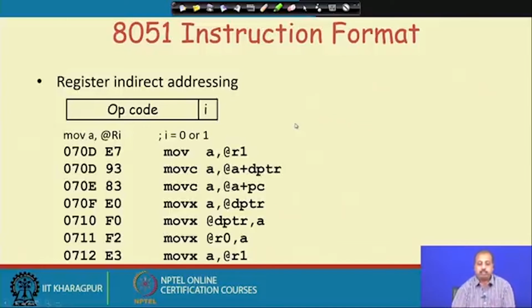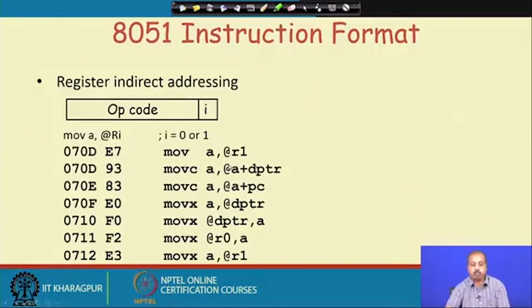On the other hand, if we are talking about register indirect addressing, then we know that only 2 registers are allowed, R0 and R1. So, we can have i equal to 0 or i equal to 1, and 1 bit at the end is sufficient to identify R0 or R1.